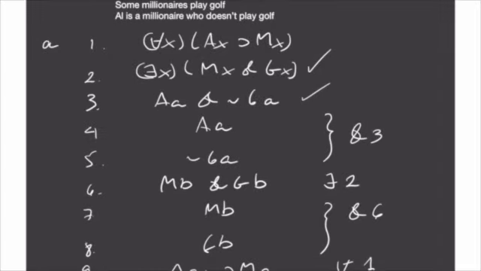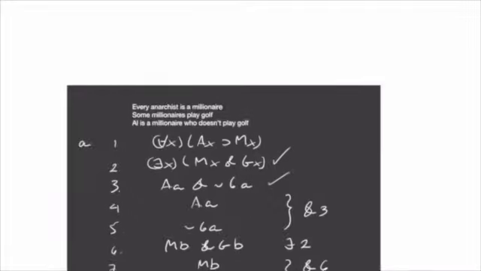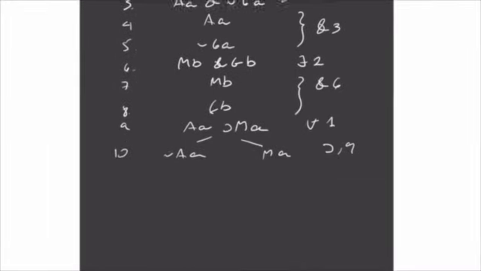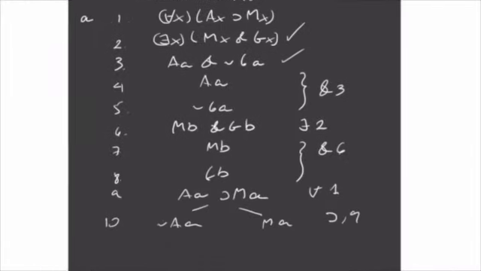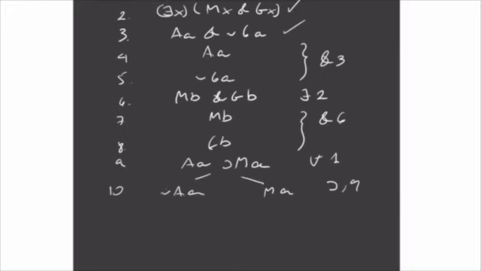So I can simply go and write on line 10, not AA, MA. And this is by the horseshoe on 9. I think you can see it here. This is by the horseshoe 9.